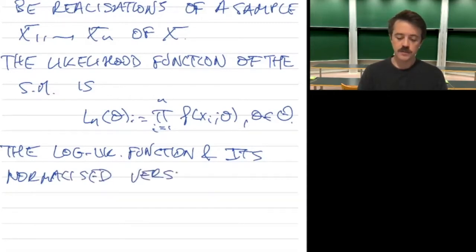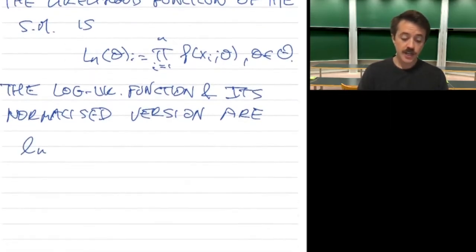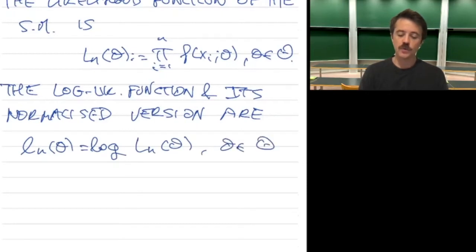These are defined as follows. We call them small n, small l. This is going to be the log likelihood, which is just simply this here. Again, this is a function on the whole parameter space. And we also define this normalized version, which is no more than 1 over n times this ln theta.